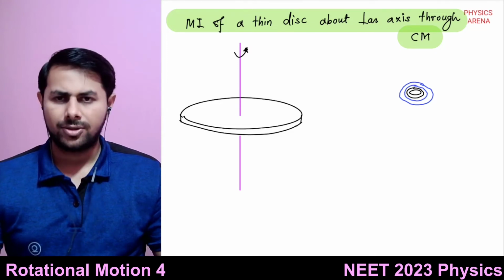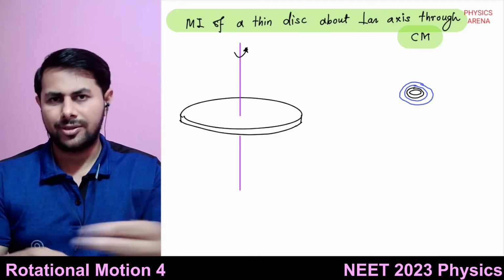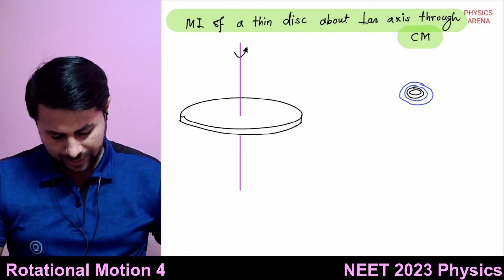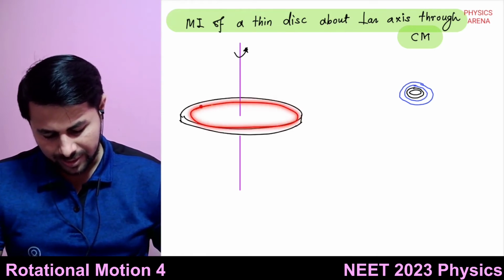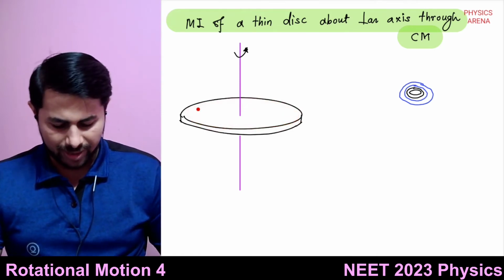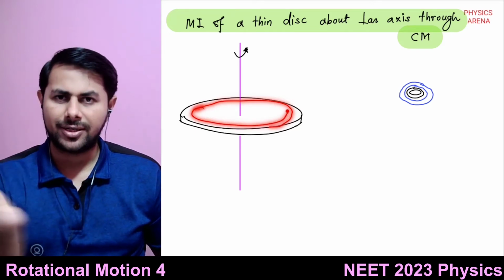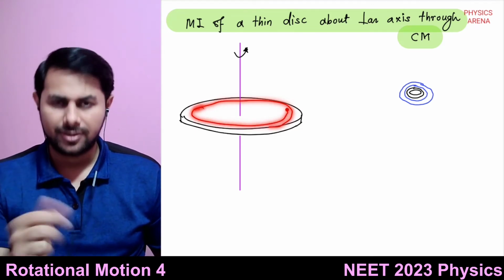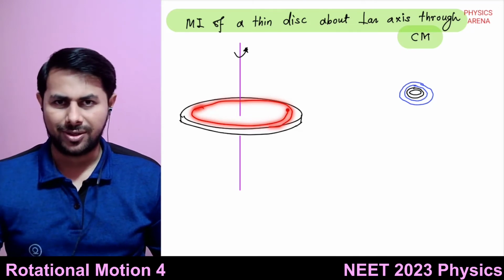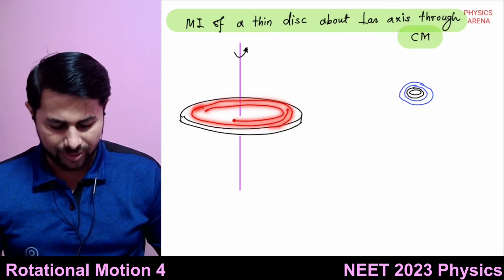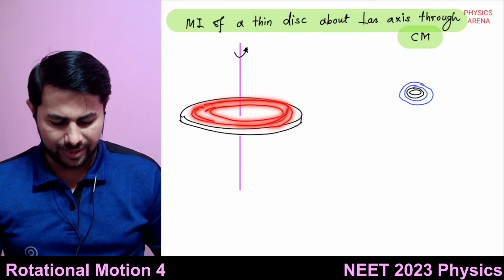So you can cut out rings from this disk, right? I can take some thickness, I can cut out this much portion. So what do I get? I will get a ring. So I take that ring, keep it away. Then again, I will cut out this portion, so I will get this second ring.